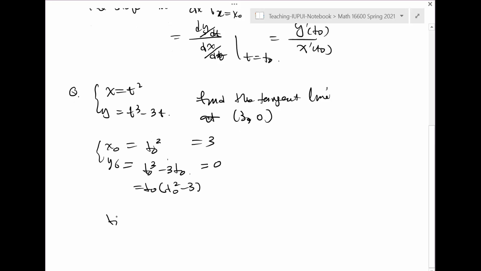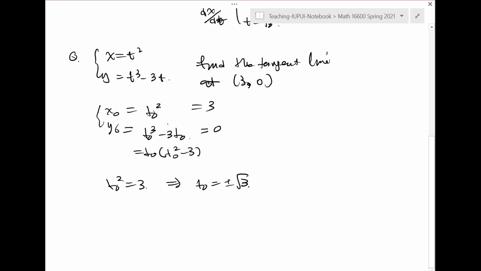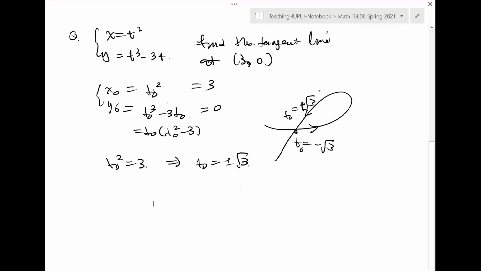So all I need is to solve this equation. That implies you have two solutions. That means the graph has a self-intersection point. It looks like going that way and this way. So when t equals negative square root 3, and also when t equals positive square root 3, it's coming back. So if you want to find a slope, there are two different slopes here. Be careful: there are two tangent lines to the curve.